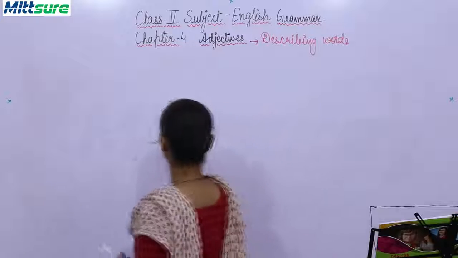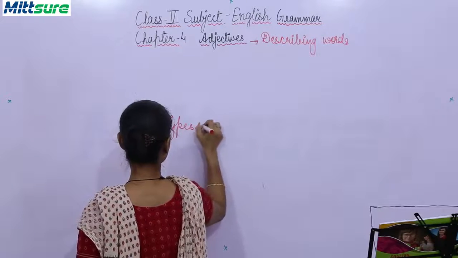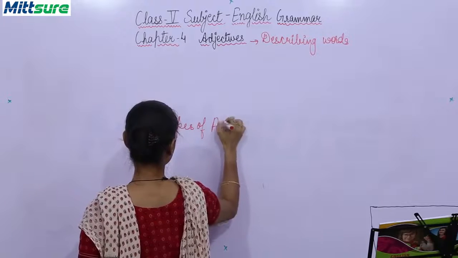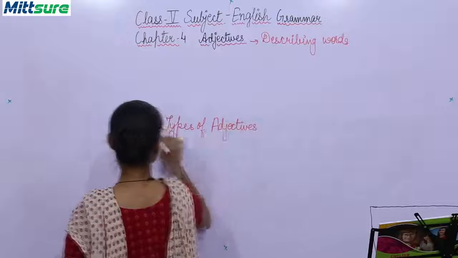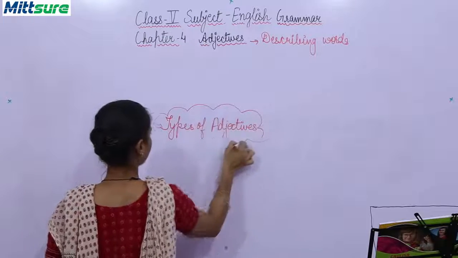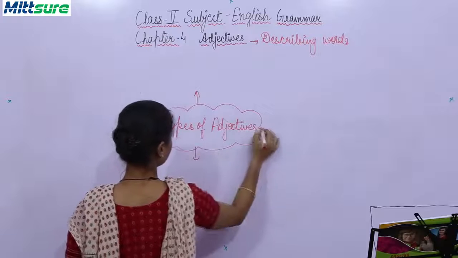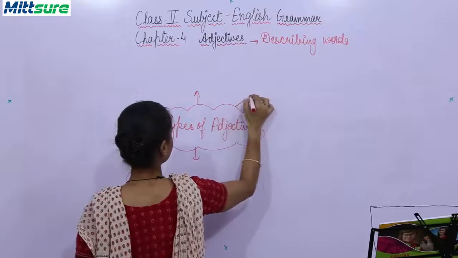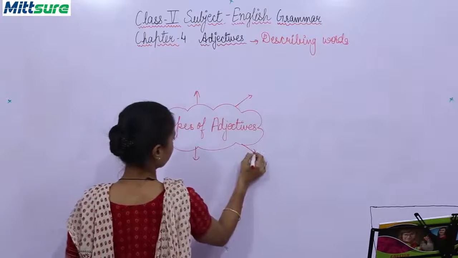Types of adjectives: first, second, third, fourth, fifth and sixth.